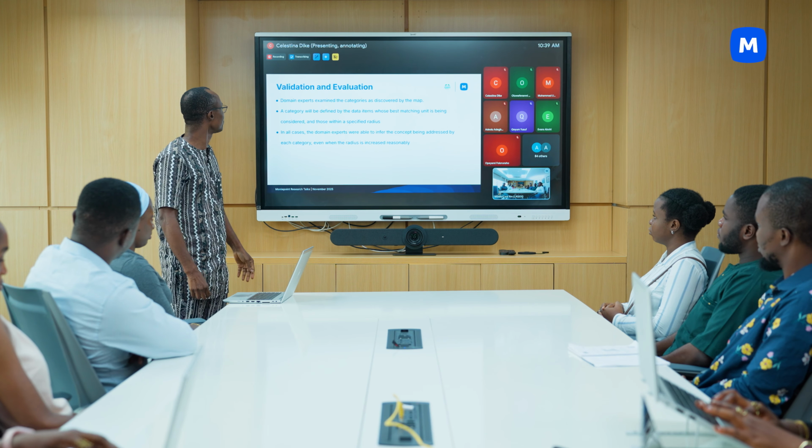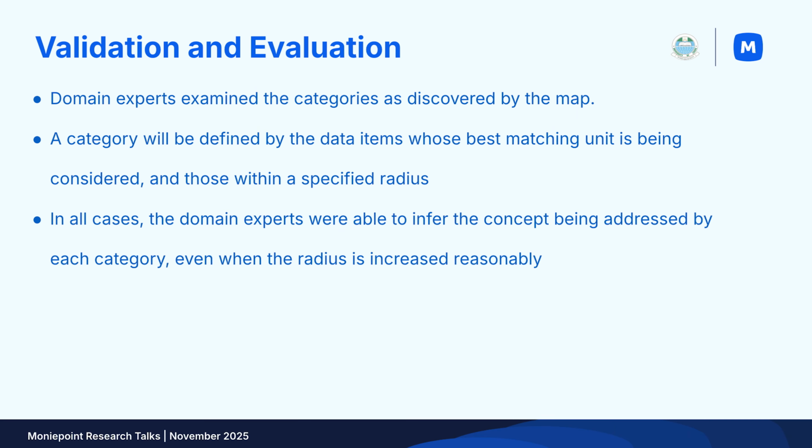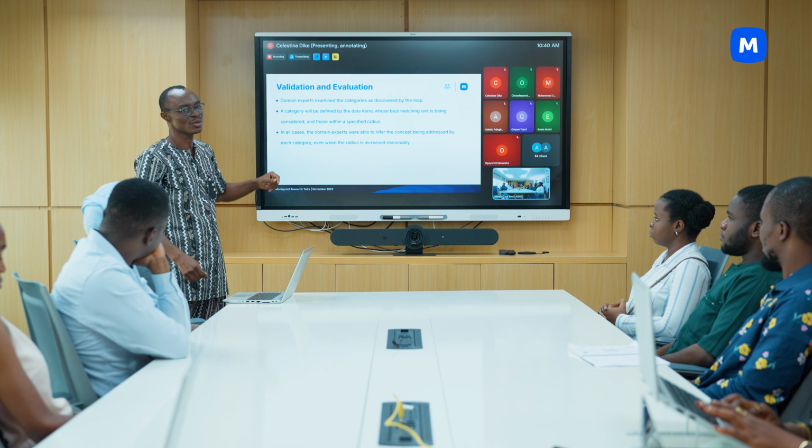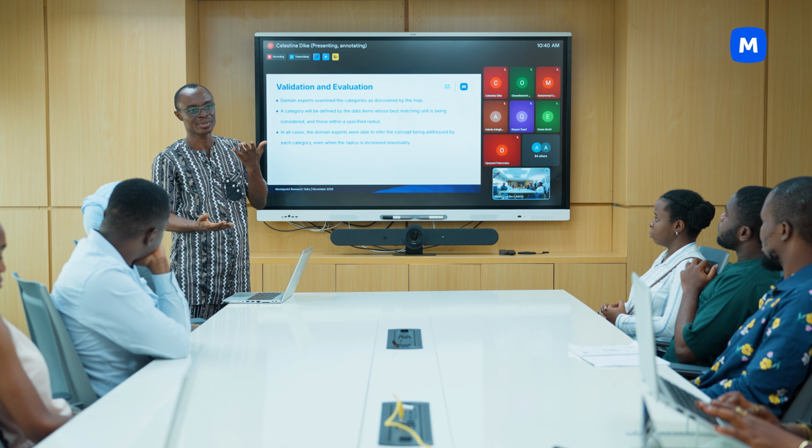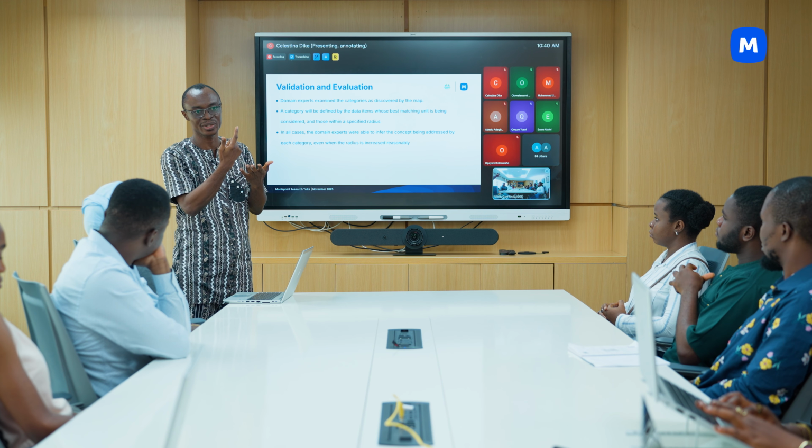So for what we call a category, remember we said it's a self-organizing map. It doesn't have hard boundaries, so I'm not drawing boundaries around my data sets. What a category will mean now is that, okay, if I present this data set to this map, which is the best matching node, right?